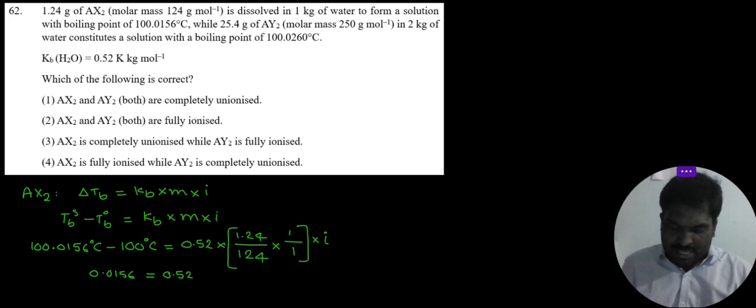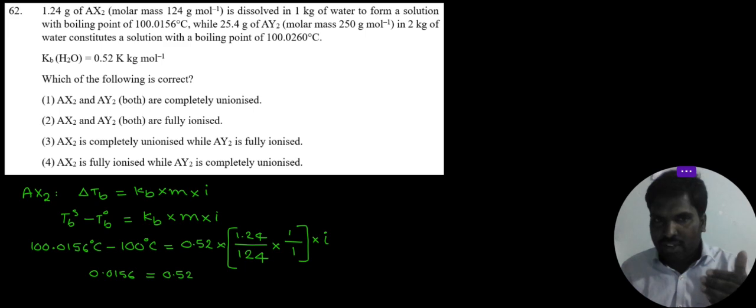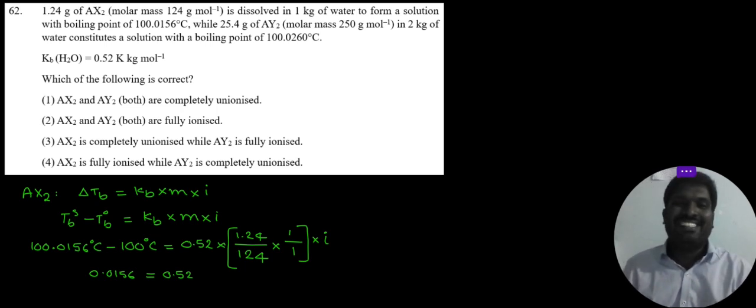Here 0.52 is in Kelvin kg mole inverse. The difference value 0.015 may be in degree centigrade or Kelvin, because a difference is always constant.